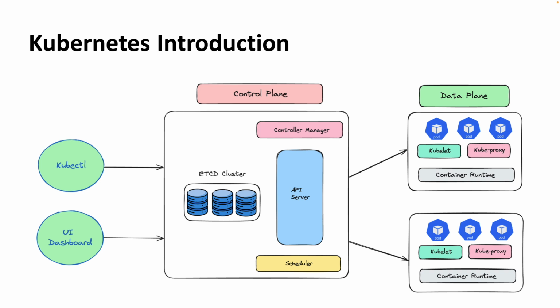On the data plane, you can imagine that as your EKS worker node, or maybe your different virtual machine where your workload will run. On the data plane, what is important to understand is the three main components. The kubelet.